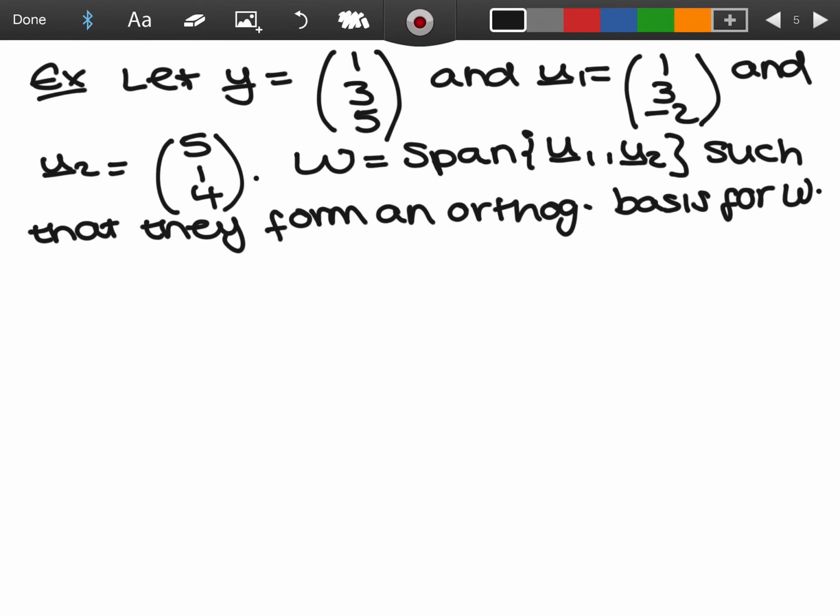You actually know we've done this proof before. If they are orthogonal to one another, it actually means they're automatically linearly independent. But if you take the dot product of u1 and u2, you should get 0, okay?